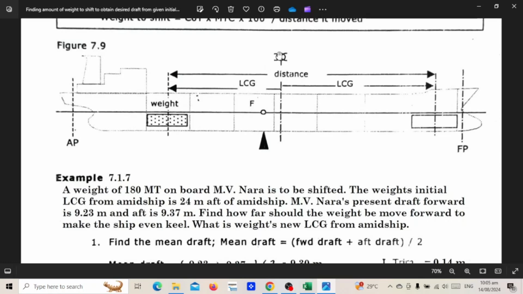So again, I say from amidship, your LCG, which is this one, aft of amidship should be 24 meters. So this is now clear. From the weight to the amidship is 24 meters, okay?